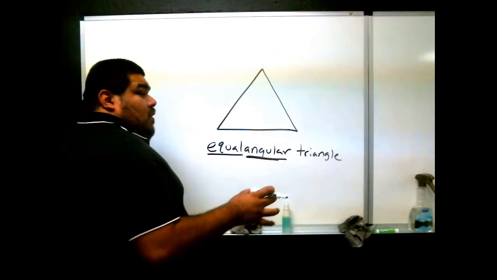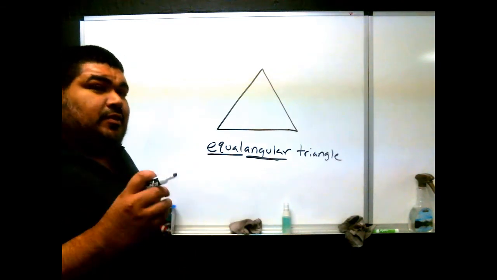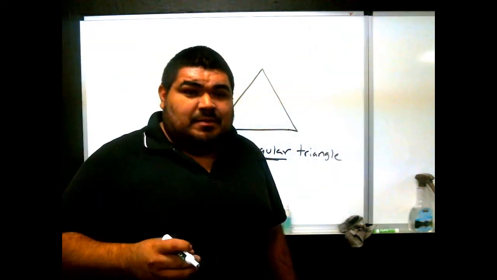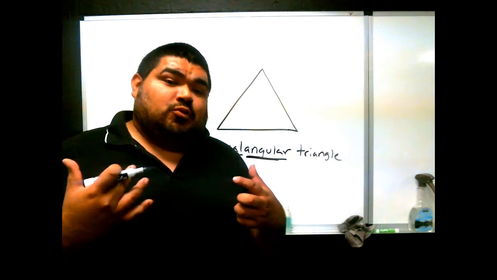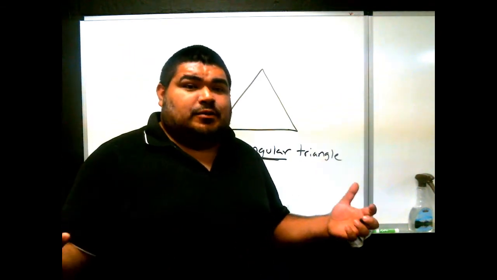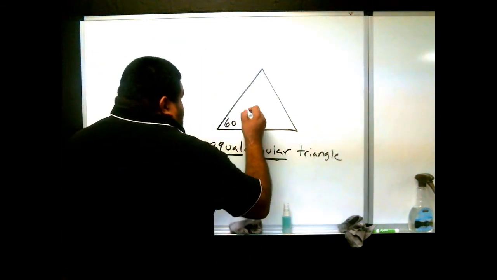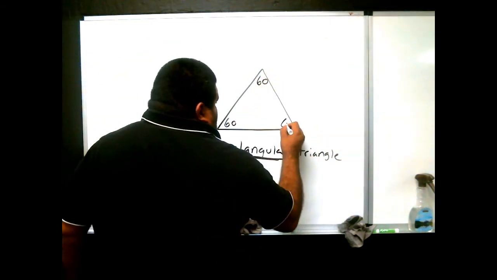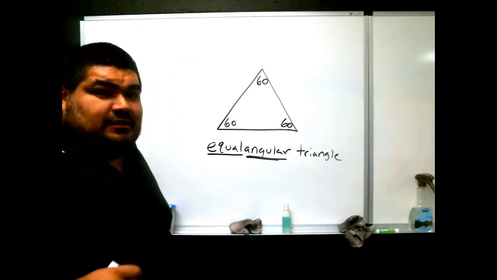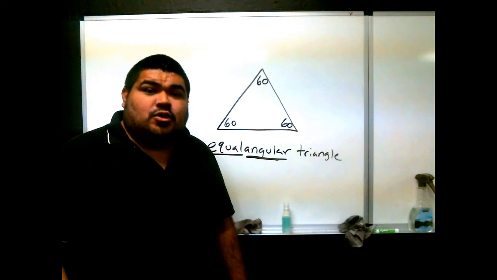So you know that all the angles are the same. The only way they can all be the same is, again, a triangle equals 180. So 180 divided by 3 gives you 60. So all the angles have to be 60, okay? That tells us that it's an equiangular triangle.